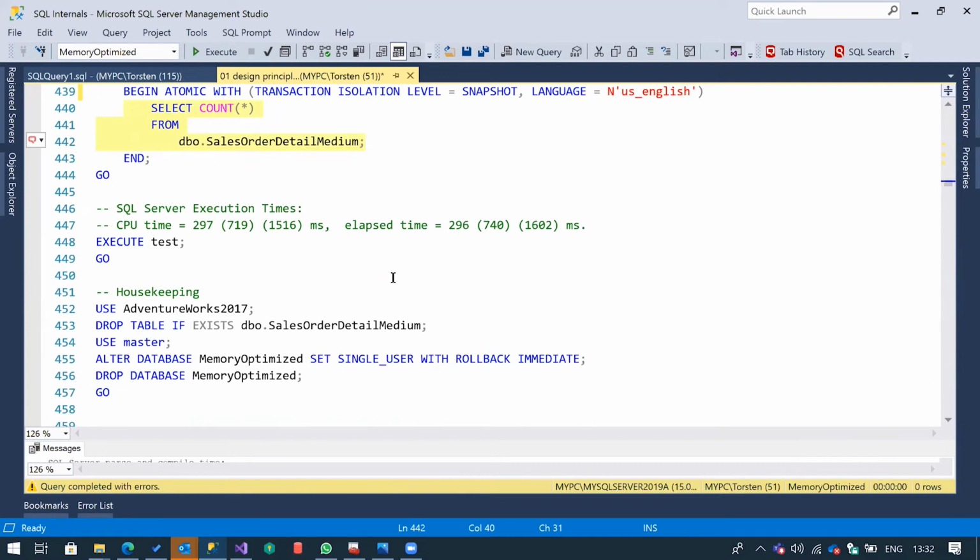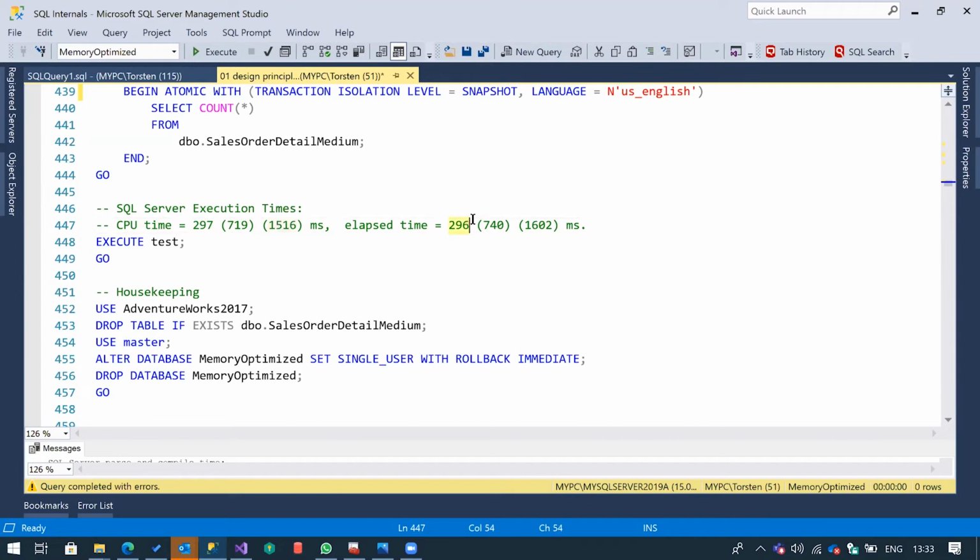But when you now execute the natively compiled stored procedure, and honestly, you wouldn't see any more information than this, we end up with 300 milliseconds compared to 700 milliseconds, which was the natively compiled stored procedure using in-memory OLTP data. And this is the interpreted stored procedure using the traditional on-disk storage.